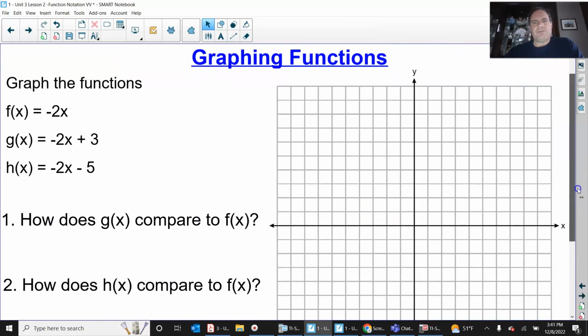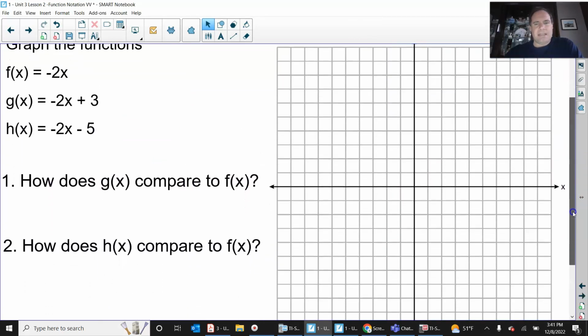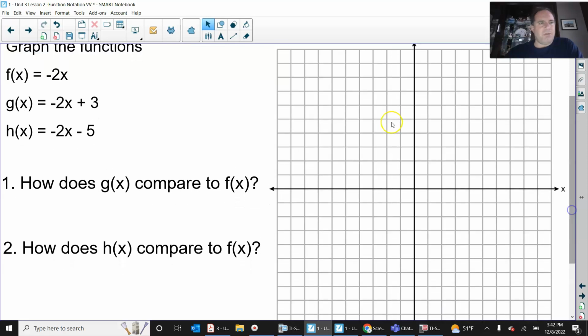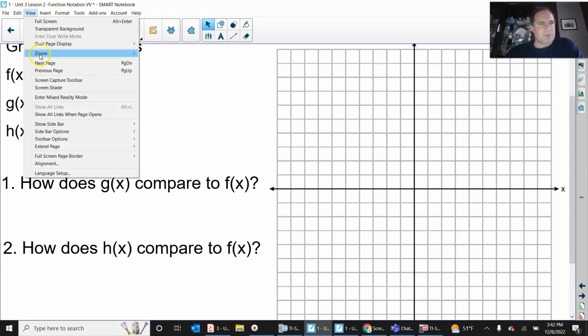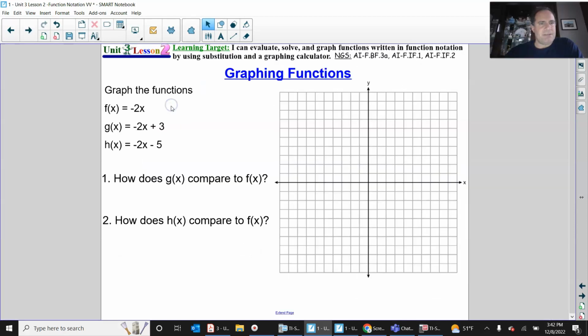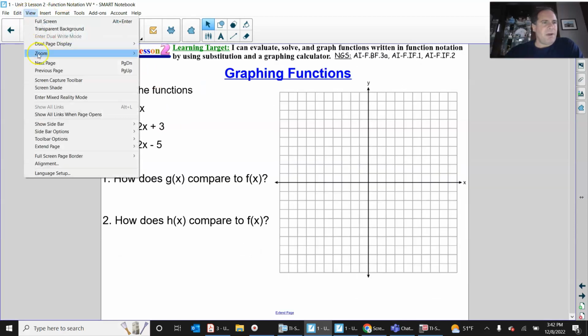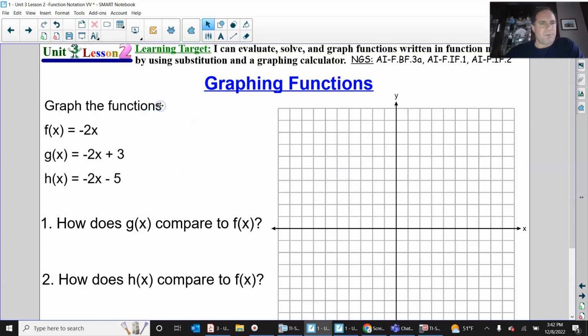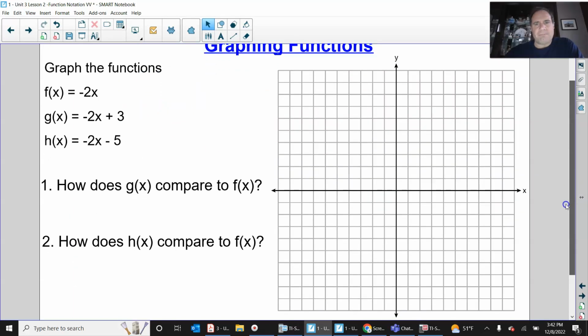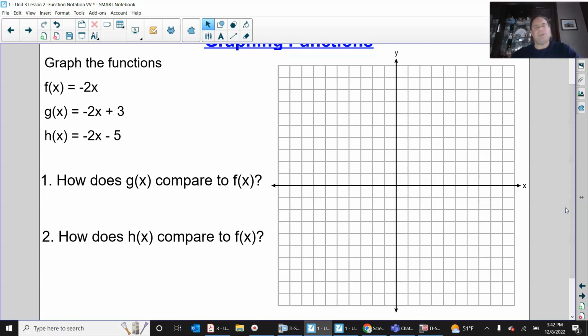So we are going to graph these functions, and just remember these are all just y equals. It's not anything that you haven't seen before. So these are the functions right here. You could graph them by hand or with the calculator. We are going to do a little bit of both.